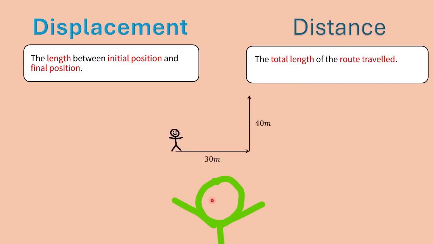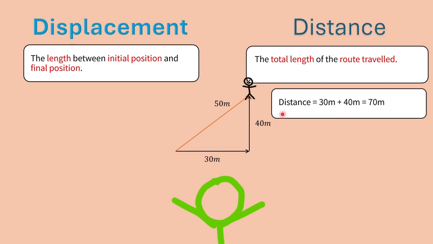Let me show you an example. Here, you are standing here. You travel 30 meters to the right and 40 meters upwards. The straight-line distance between your initial position and your final position, according to the Pythagoras theorem, is 50 meters.